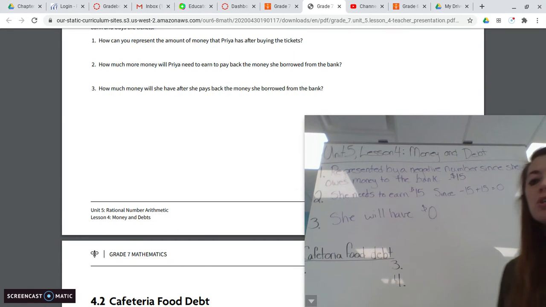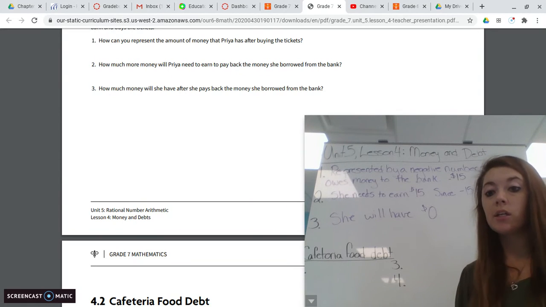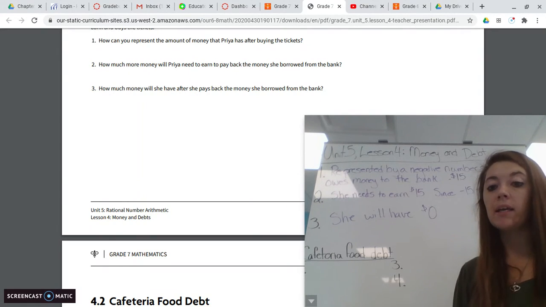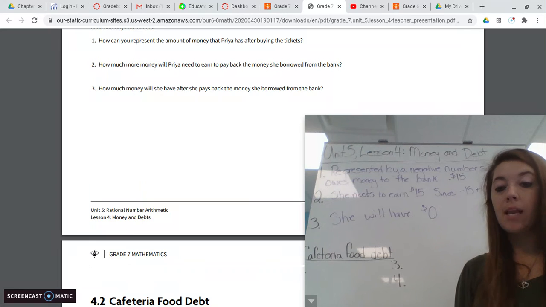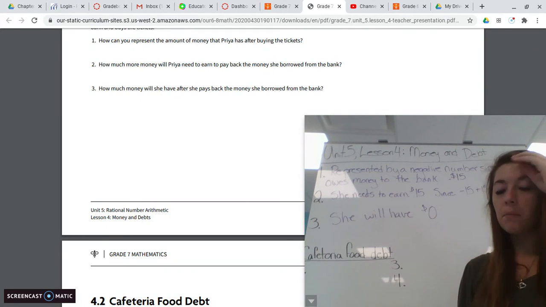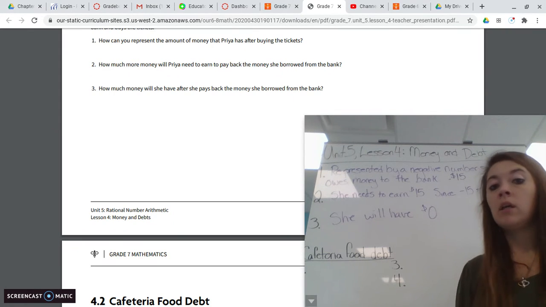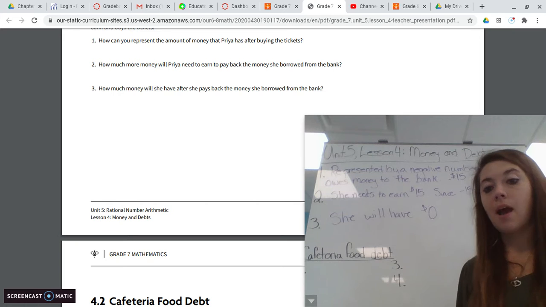Because she's looking at the exact amount of money she has to earn to pay back the bank, and because she's only earning 15, let's say, that means she's not going to have any money. Now, if she were to earn more than $15, then she'd have some left over after paying back the bank. But at this point, we don't know how much she might earn. So we're just looking at the exact amount she'd need to have the bank paid back.